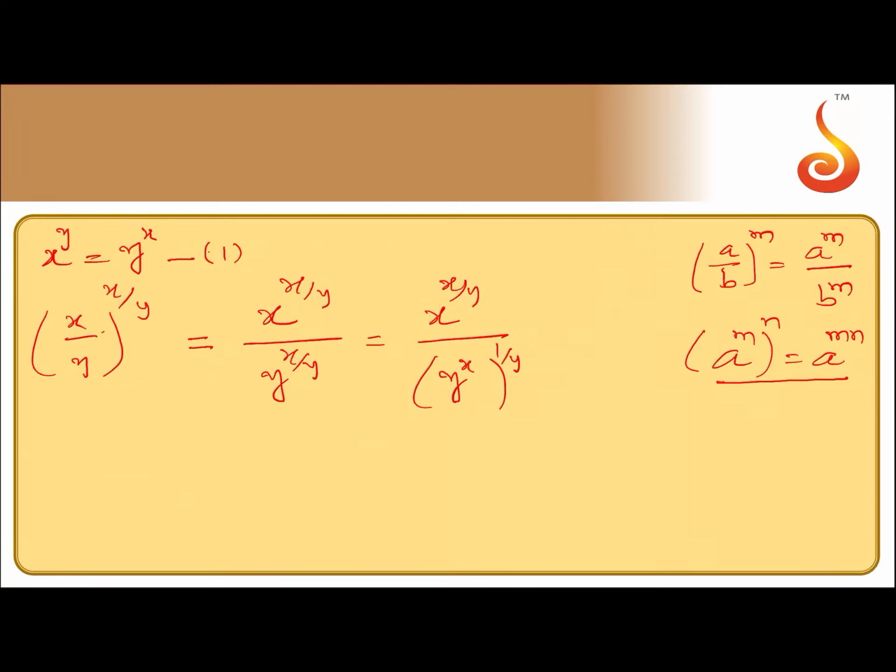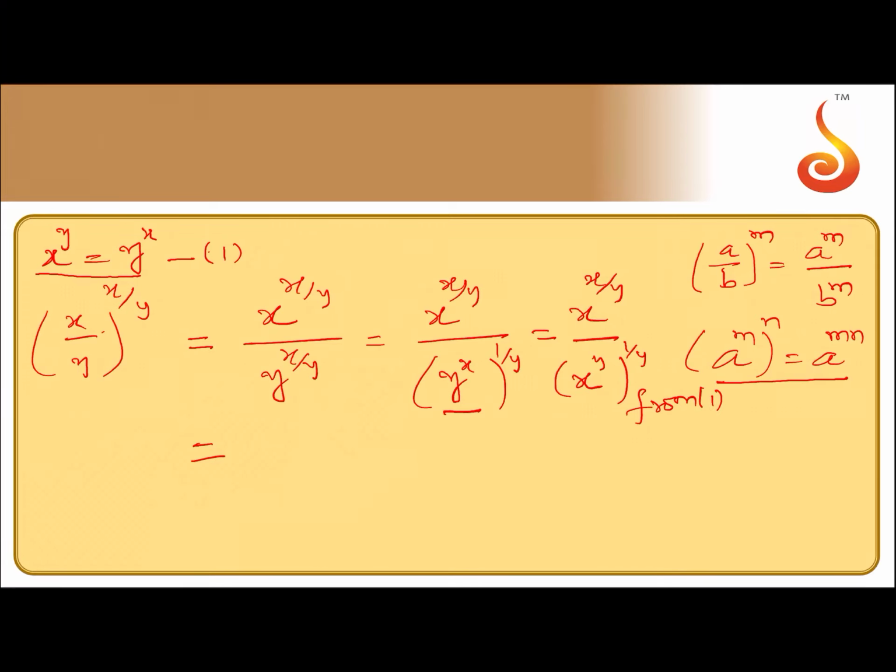Now from condition 1, y power x is nothing but x power y. So I shall write x to the power of x/y divided by (x to the power of y) to the power of 1/y, from condition 1.